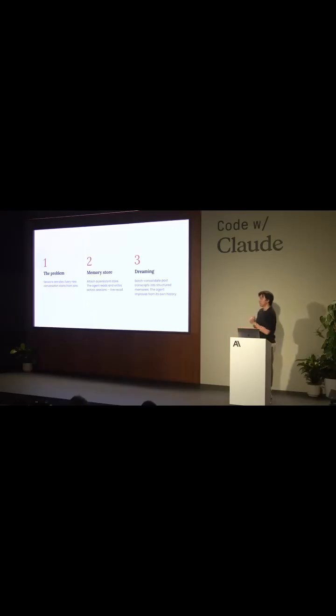You give agents access to something where they can dump their information, read from it, etc. But we also saw how this creates a problem where memory stores can grow unbounded over time. They can grow disorganized, information can grow stale, etc. And then we saw how dreaming can be used as a way to mitigate this problem, right? We take another set of agents whose entire job is to improve that memory store for future use.